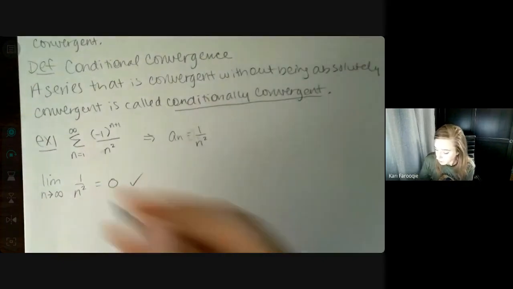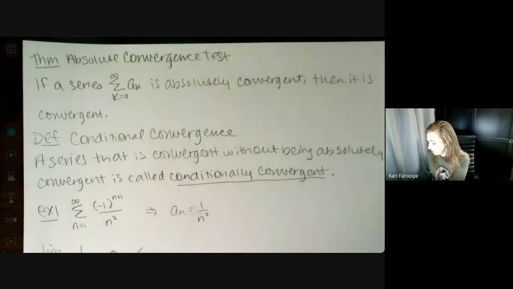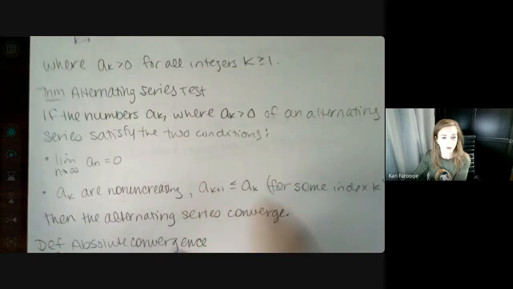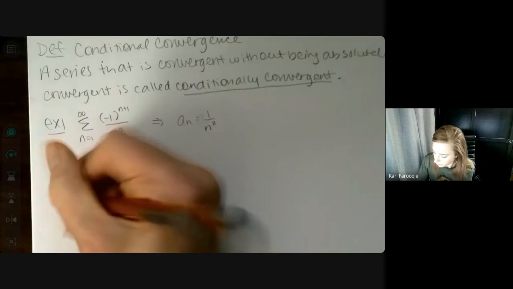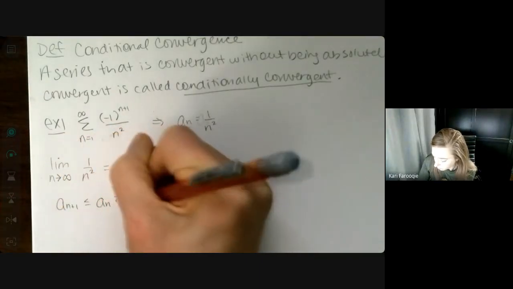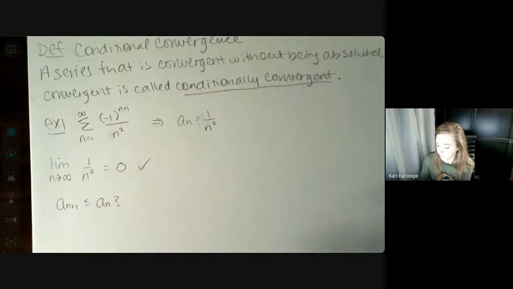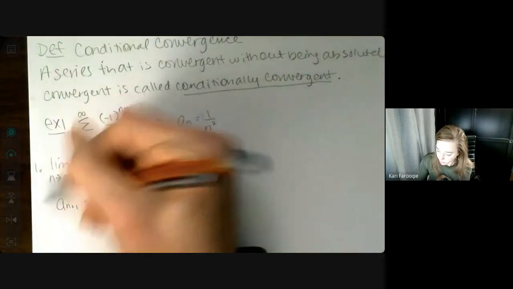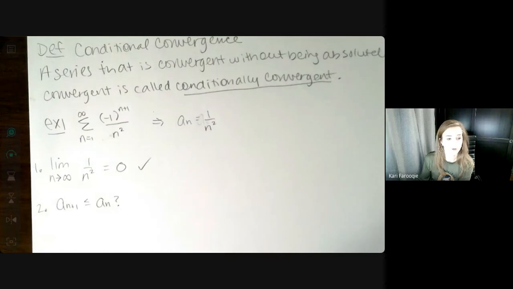The next thing you're going to do is show that the n plus 1th term is less than or equal to the nth term. So if you want, you could say, number 1, number 2, I have to meet these two conditions.